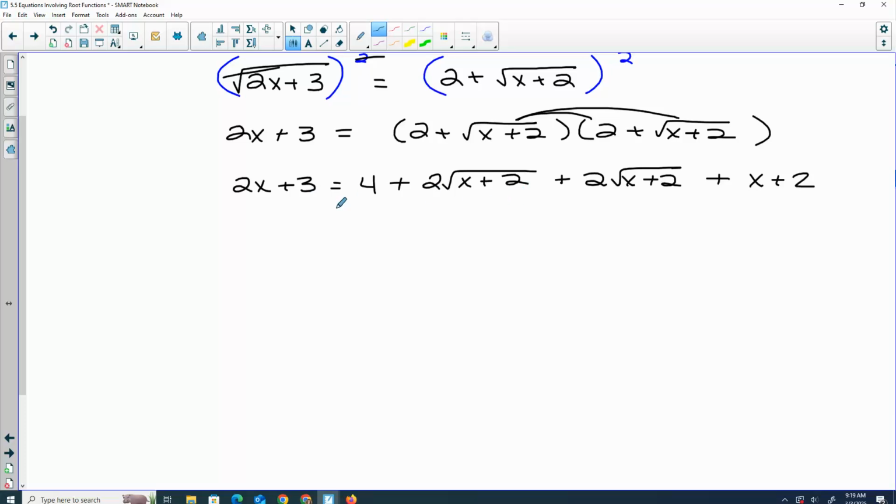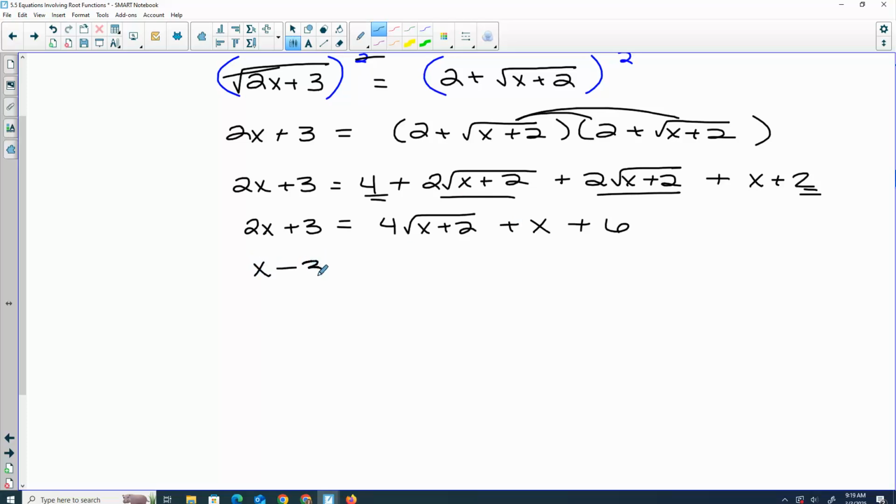Now, we always want to isolate our radicals. So if we combine like terms, you get 4 radical x plus 2 plus x plus 6. So if I'm isolating this radical, I can subtract over my x, subtract over my 6.